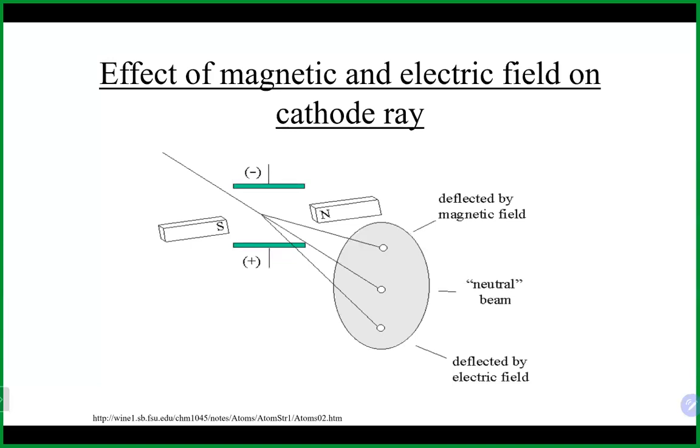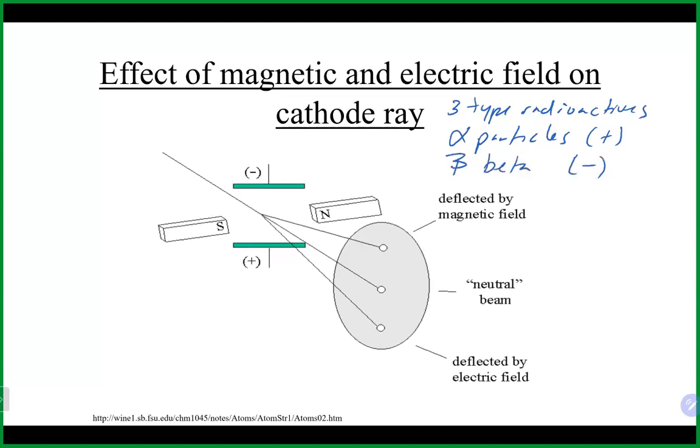And if we were to shoot a beam at an electrical field, there's really 3 types of radioactive particles that were used a lot in these experiments throughout the discovery of the atom. There's alpha particles, which are positively charged radioactive particles. There are beta particles as well, which are negatively charged particles. And there's actually gamma rays, which basically have no charge.